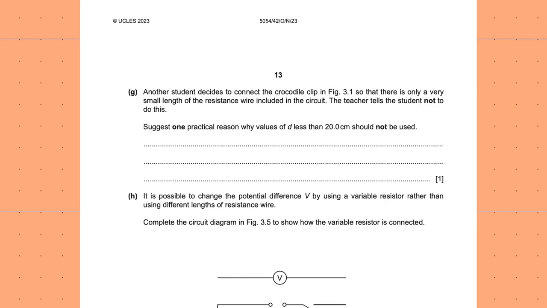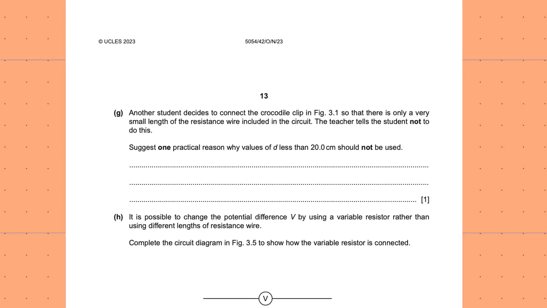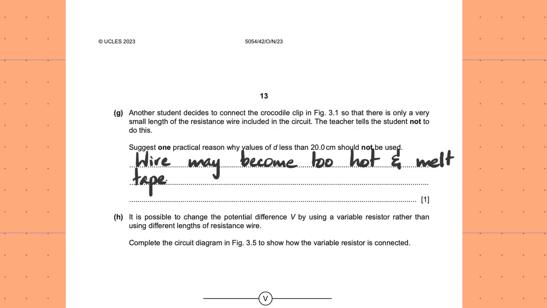So wire may become too hot and melt the tape. And let's also write here, because of the large current.